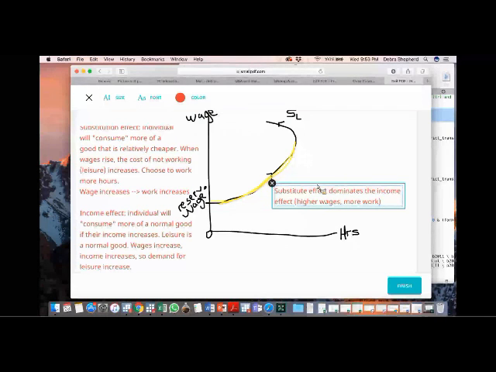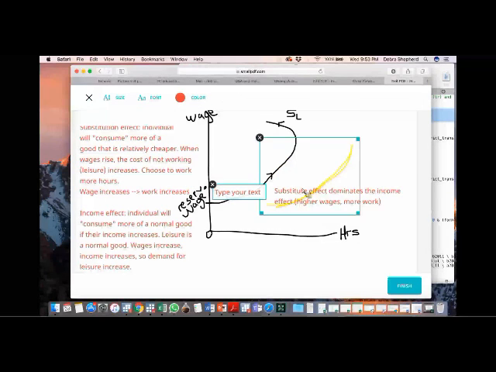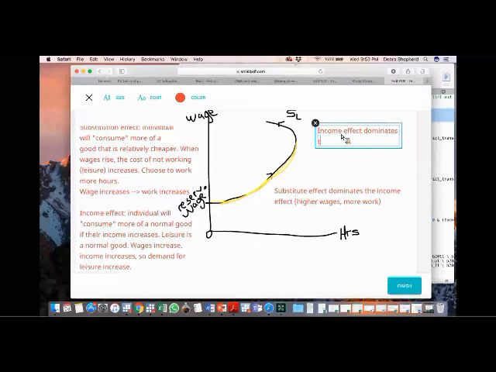If you are on the backward bending part of your supply curve, then it means your income effect dominates the substitution effect. So in this case, higher wages means less work overall. The backward bending part of your supply curve is this part here, and that's where your income effect dominates the substitution effect.